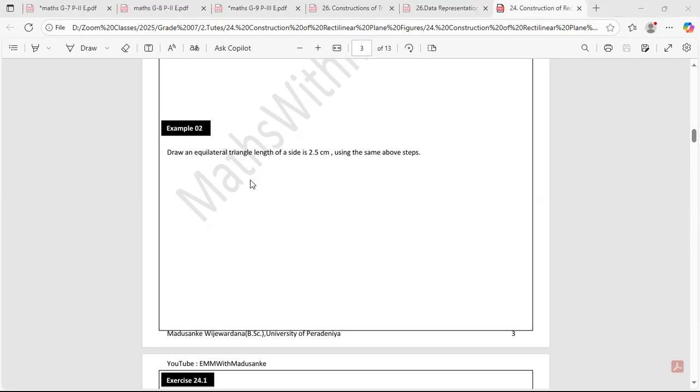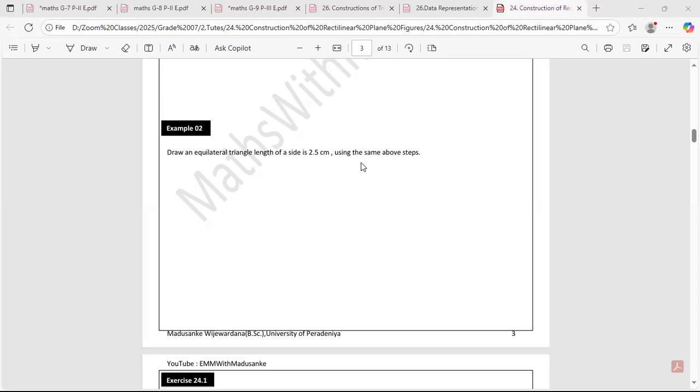Sir, for the exam, is it compulsory to name it? No. If they don't ask, don't name it. If you want, you can name it. It is up to you. But if they tell you, draw an equilateral triangle ABC, length of the side is 2.5, or draw an equilateral triangle XYZ, length of the side is 2.5 centimeters, then definitely you need to mark XYZ.